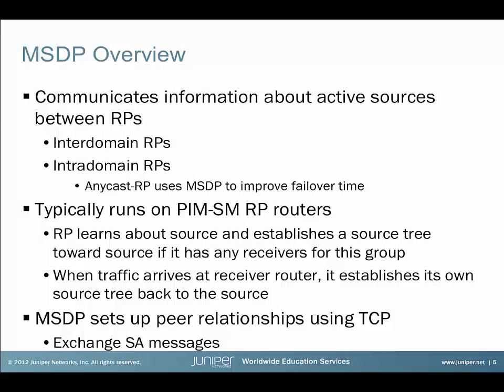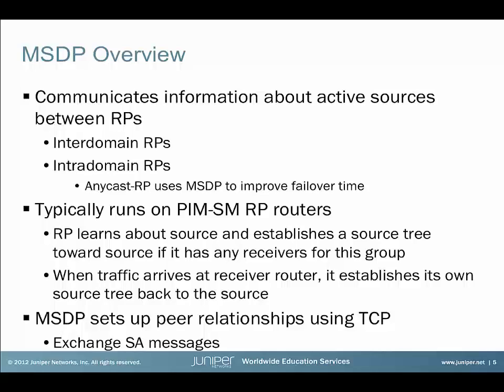MSDP shares multicast source information between RPs so that sources and receivers can meet, even if they are associated with different RPs. In the interdomain model, we'll enable multicast deployments between different service providers. In the intra-domain model, we'll improve RP redundancy through the anycast-RP feature.